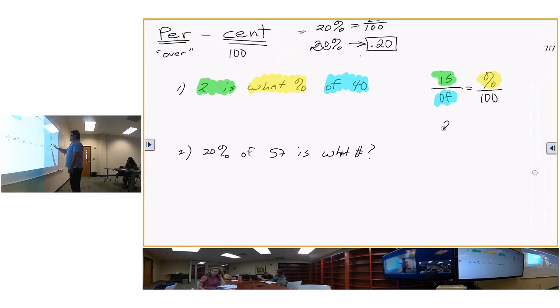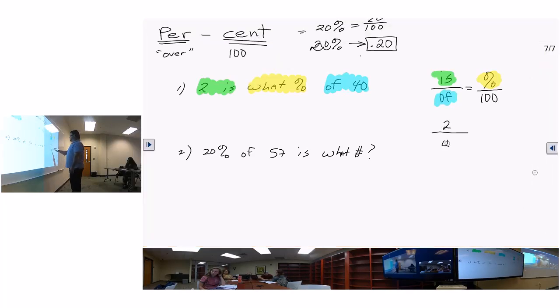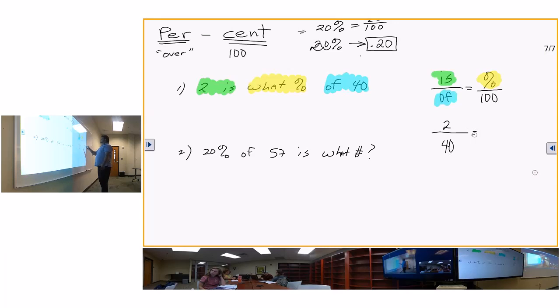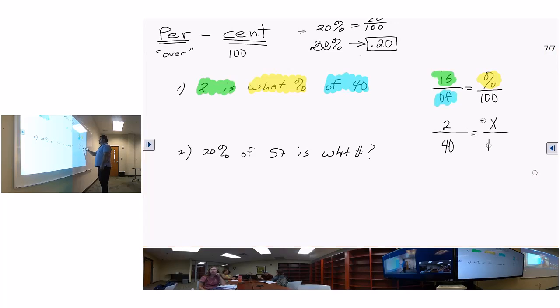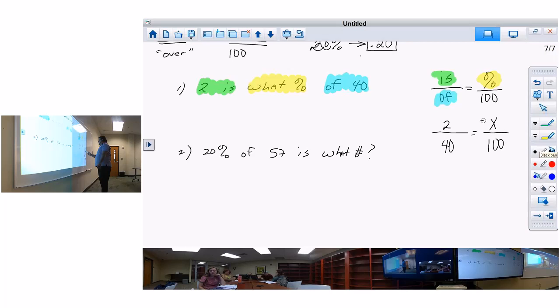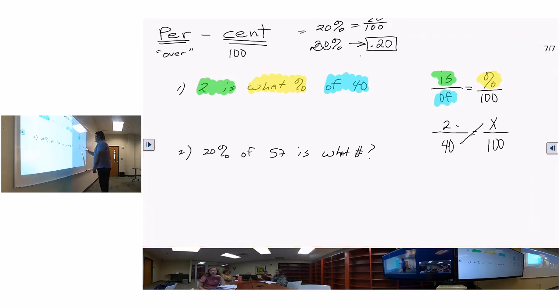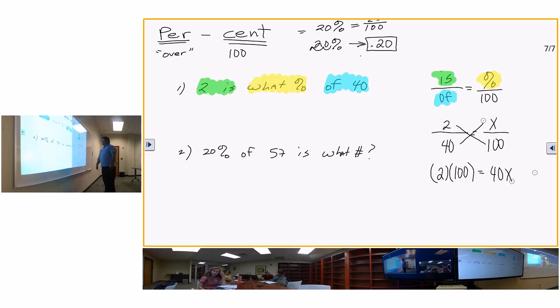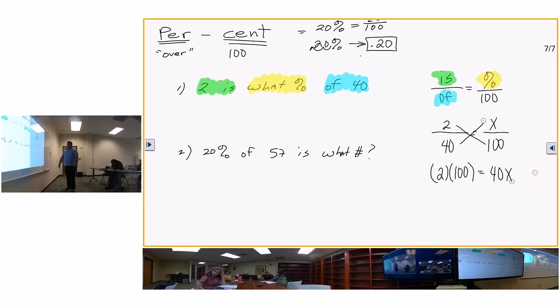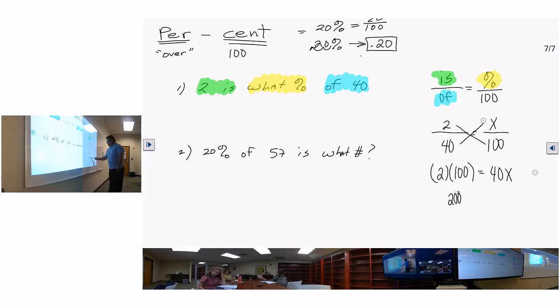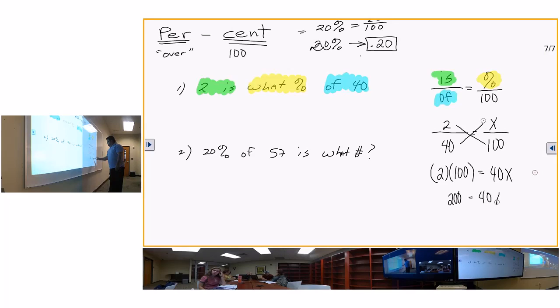2 is to 40 as x is to 100. And what do you do now? Cross multiply and solve for what? X. So 2 times 100, and you do not need a calculator for this. So what is 2 times 100? 200 equals 40x. Divide by 40.